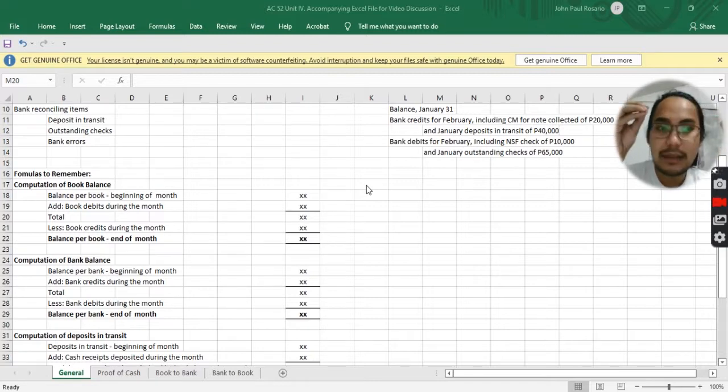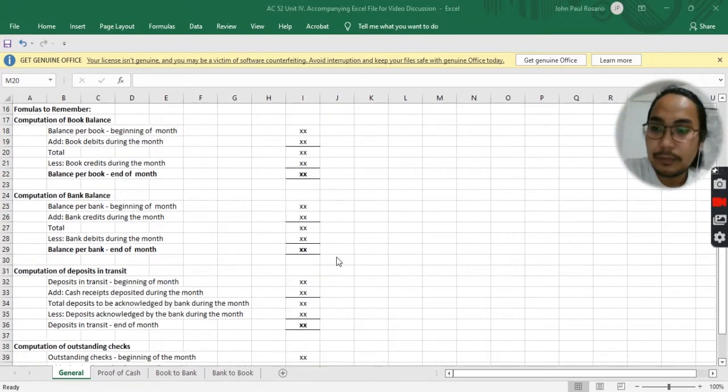So, for the bank, beginning balance, add all your credits from the bank statement, less all your debits from the bank statement, then you will have your balance per bank at the end of the month. Now, note here that these balances are what we call unadjusted balances.